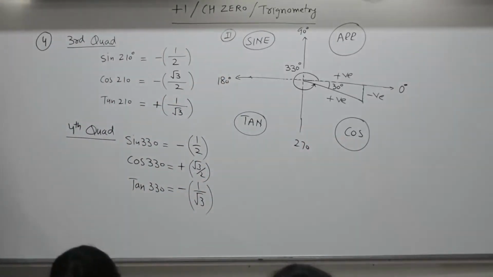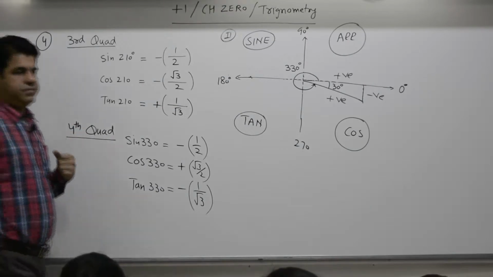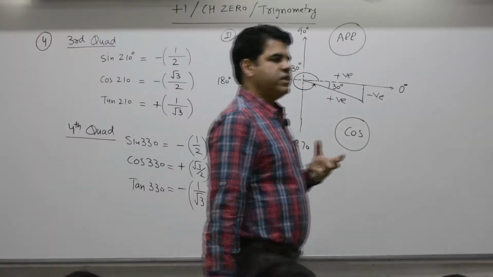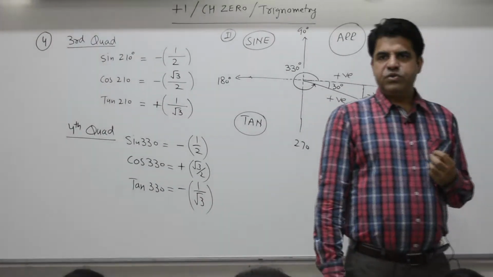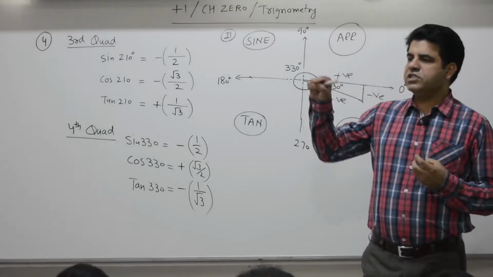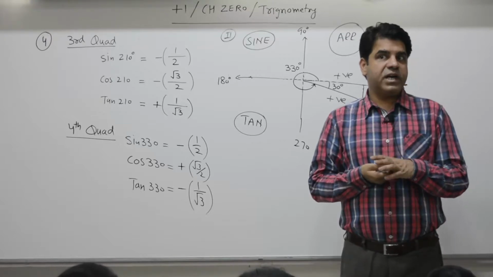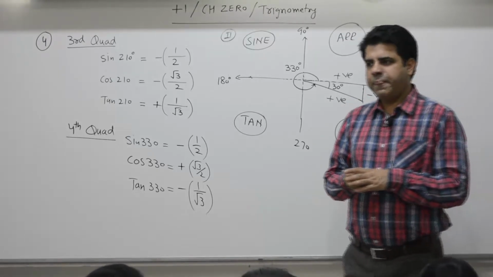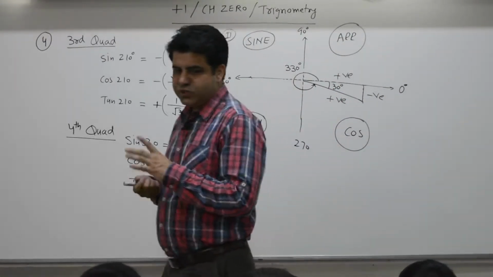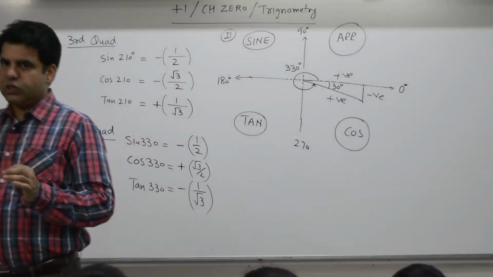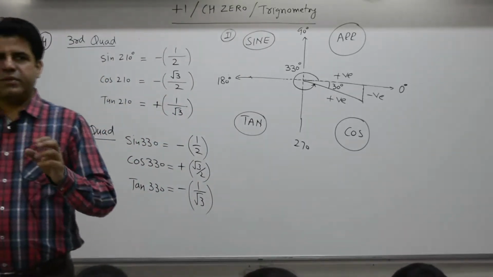Why do you need it? In a number of chapters in plus 1 and plus 2, you will come across sine of something in brackets. For example, there was a question y is equal to a sine omega t minus kx, in units and dimensions.